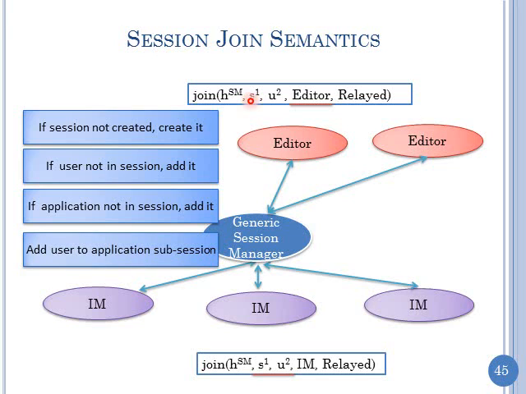And finally, add user to application subsession. Okay, assuming the application is non-null. If the application is null, then of course these two steps are not taken. Okay. So that's our last version of our join call. I showed you many versions of join calls. This is the most elaborate and the one we look at.